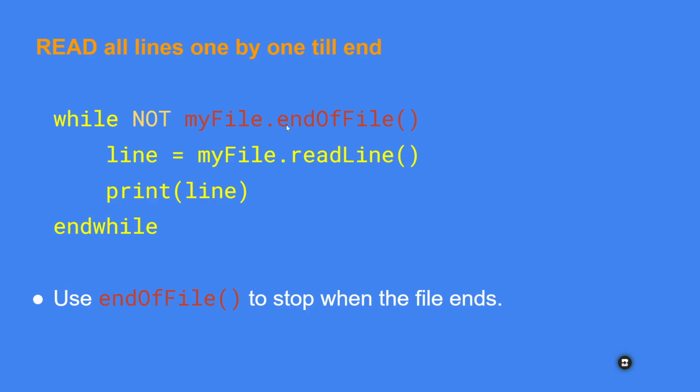Look at that: E small letter, O capital letter, F capital letter, end of file. That means we're asking, are we at the end, the last line of this file? If that is not the case, you keep reading. This line you have already seen: my file dot read line, store the value in a variable and print it, and end while.